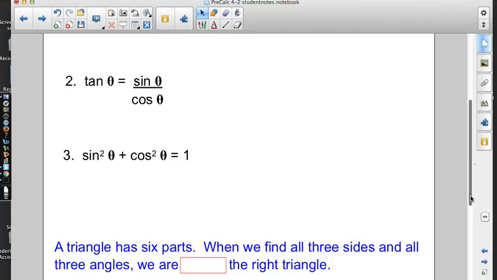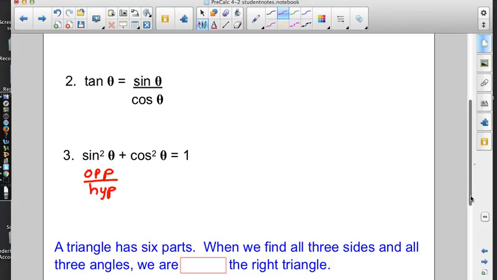This is one of the most basic trig identities that we have. Sine squared theta plus cosine squared theta equals 1. But we can't just say, yes, this always works because the book told me so. We have to see it with the definitions. So with the definitions, I'd say to myself, sine, that's opposite over hypotenuse.